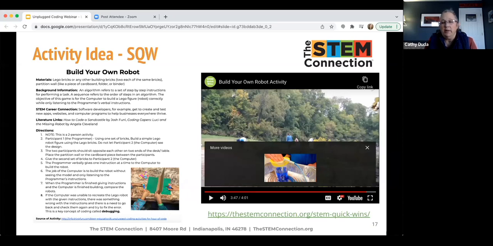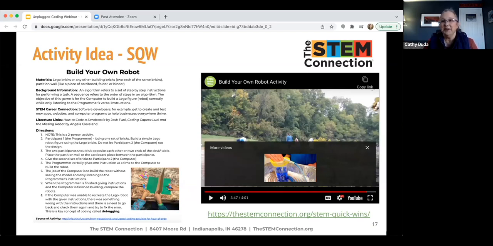You could take obstacles and spread them out, and the kids take turns being the programmer and the computer, and they learn, okay, we're doing the same thing, but wait, they gave me different commands. So they learn that you can still get the same result, but in a different way. And they have fun doing it.